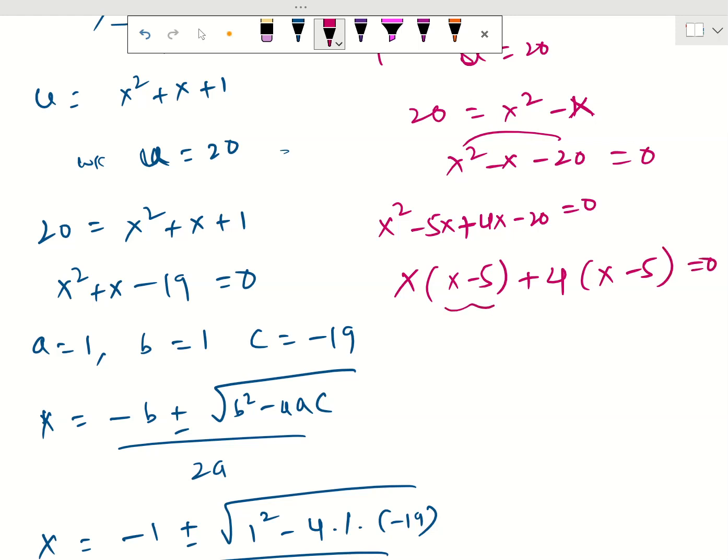Here x minus 5 is common, so I am writing x minus 5, and here x plus 4, we can write as a single term, that is equal to 0.